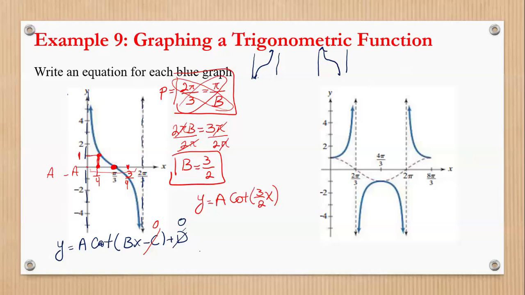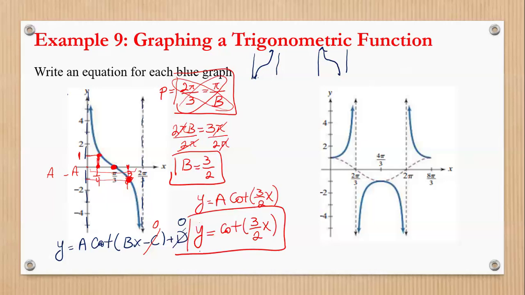As you see, this point is going up by 1, and this point is also going down by -1, which means a must be 1. So if a is equal to 1, the final equation is cotangent of 3/2 of x. That's it. That's the equation of this graph.